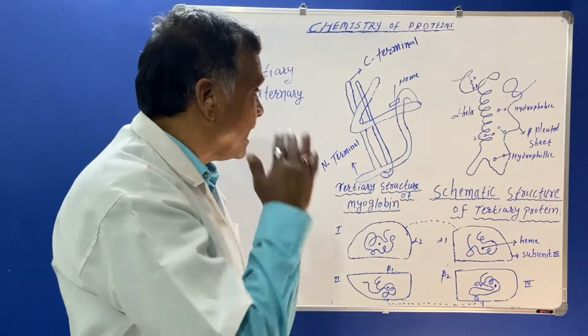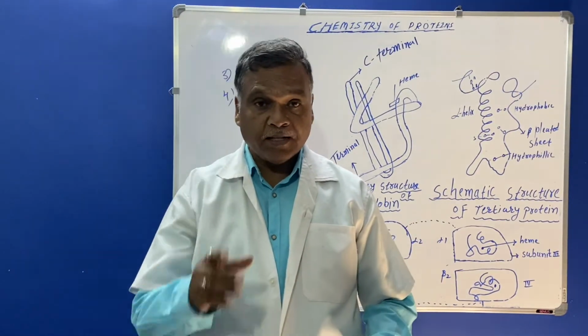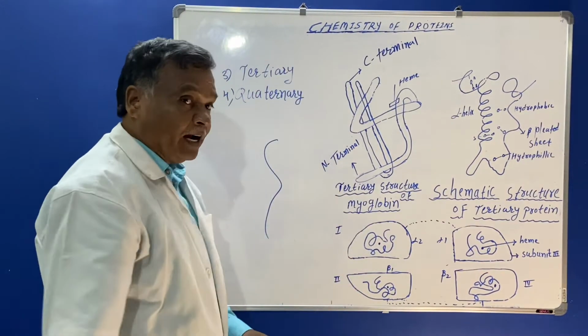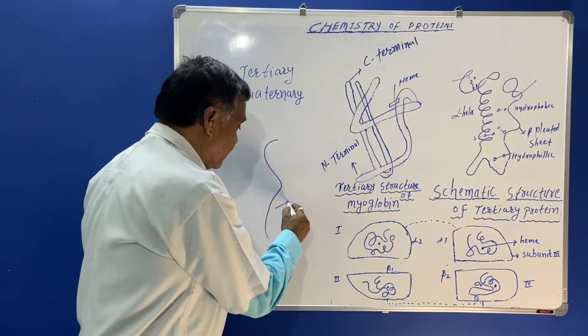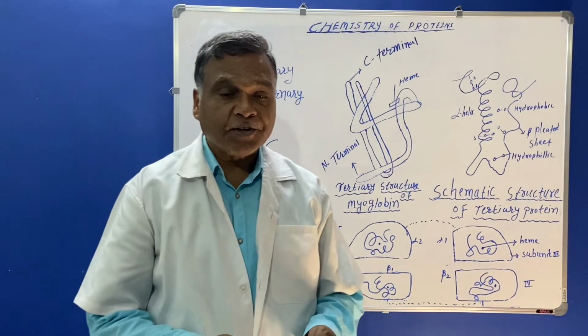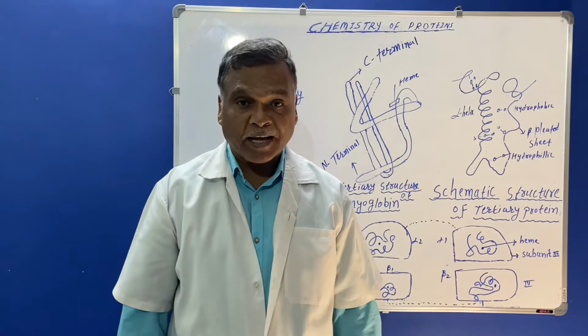So you must know that the secondary structure of the protein, in which we have seen the alpha helical structure and the beta sheeted structure, in which 2 types of beta sheeted structures we have seen, that is parallel and anti-parallel.